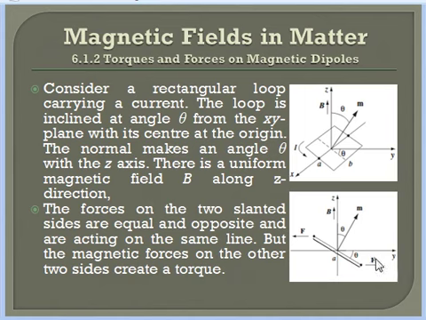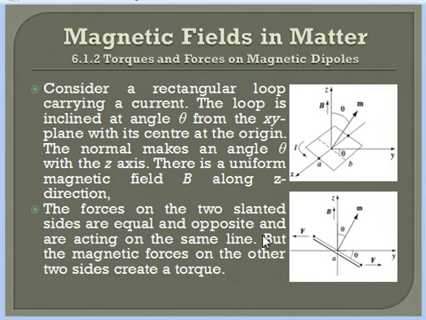Similarly, on the lower side, an equal force will be acting but in the opposite direction. Now these two forces are also equal and opposite, but they act on different lines of action. So these two forces constitute a torque on the loop. And again, the net force acting on the loop will be 0 because these two forces are equal and opposite.